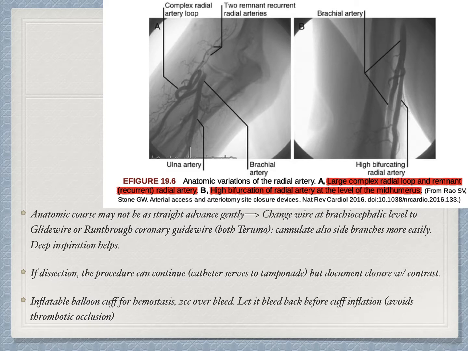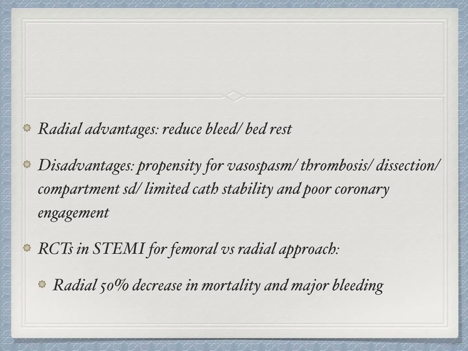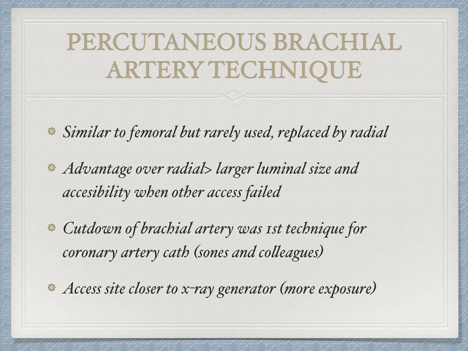The inflatable balloon cuff should be inflated 2 cc over bleeding. For radial advantages, it's much better than femoral if you could use either of the 2 techniques in the context of the patient. RCTs have shown the radial access decreases mortality and major bleeding by 50%, which has been proved.